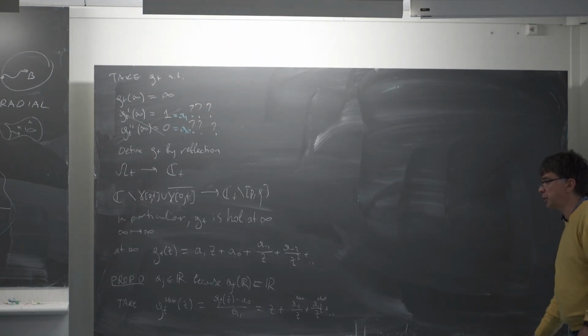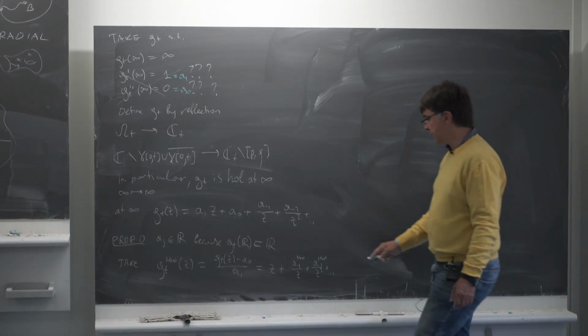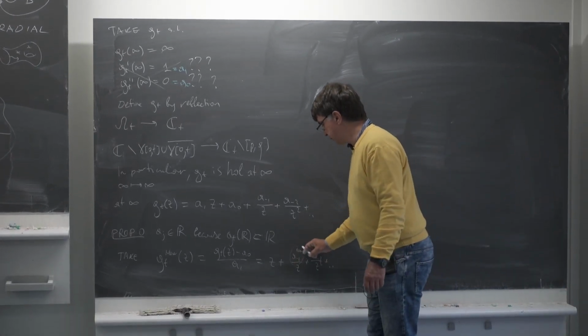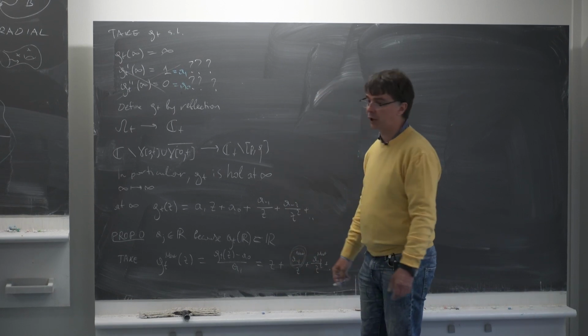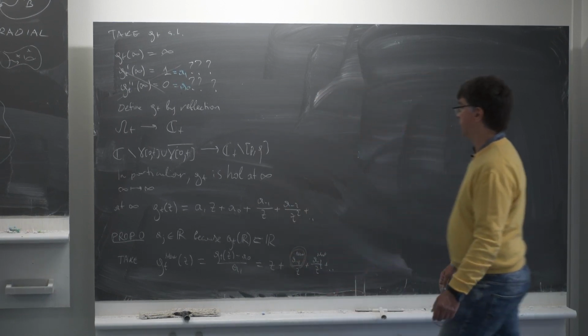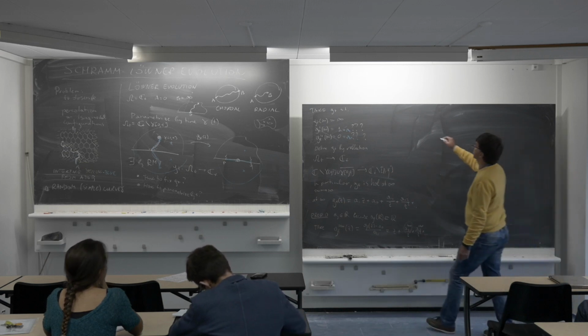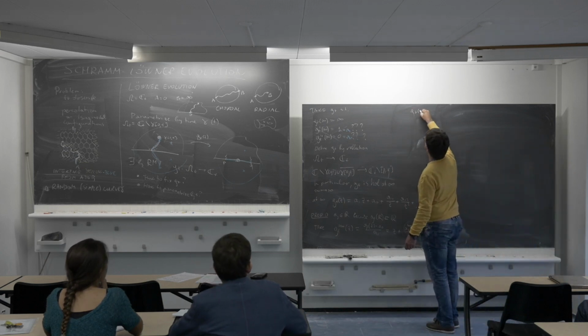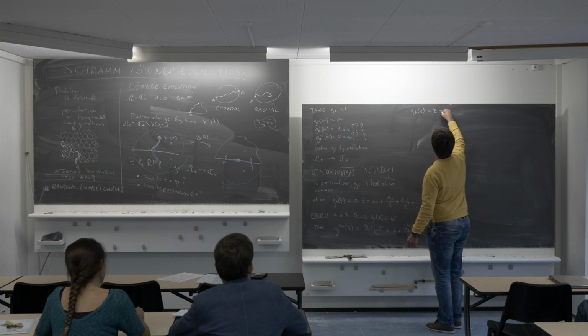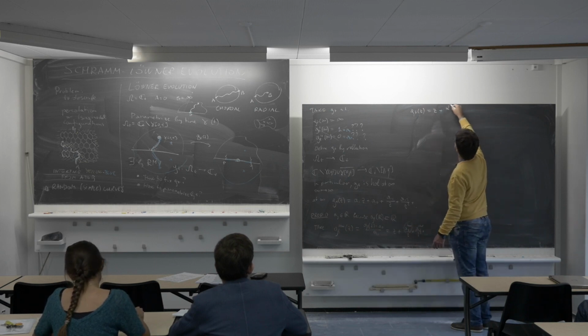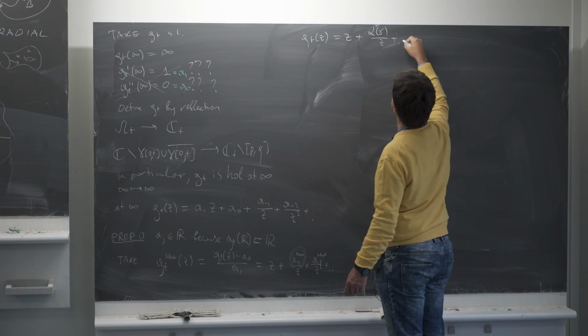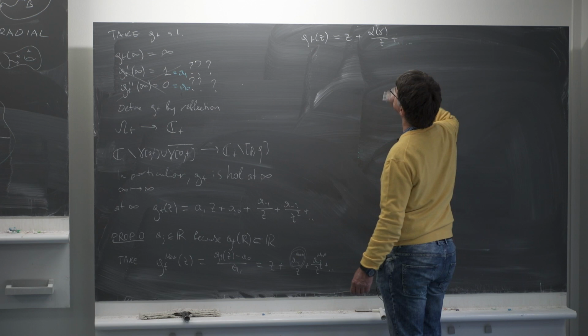It turns out that this coefficient plays an important role, and I want to first say a few properties of it. Let's say gt of z is equal to z plus alpha of gamma over z plus smaller order terms.